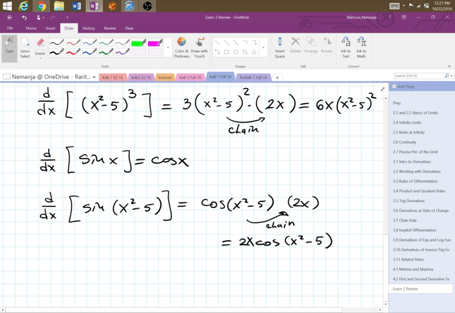Yes? When you're looking at any chain rule problem, can you always say the outer function is the last operator? What do you mean? If you're doing the problem, it'd be the last thing that you would do. Like if you look at x squared minus 5 to the third power, the last thing you would do, the outer function, is the x to the third.